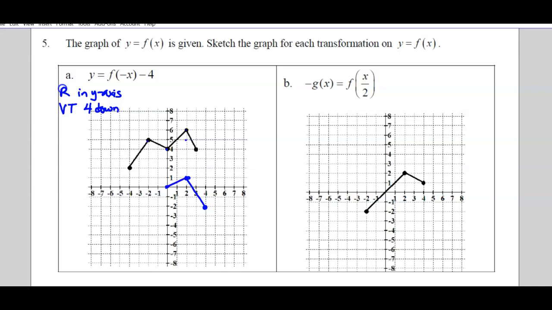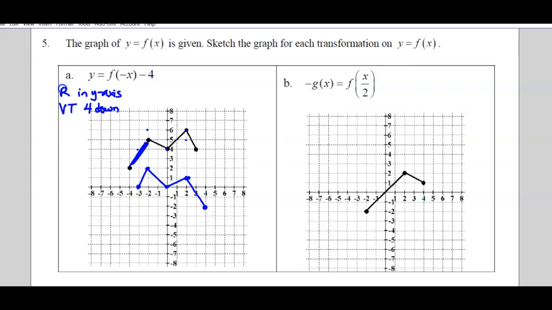This point, reflect in the y-axis becomes negative 2, 6, and then 4 down. And then the last point, reflect in the y-axis, that's positive 3, becomes negative 3, and then 4 down. Okay. So you can see the long arm to start is now at the end because it's been reflected in the y-axis.